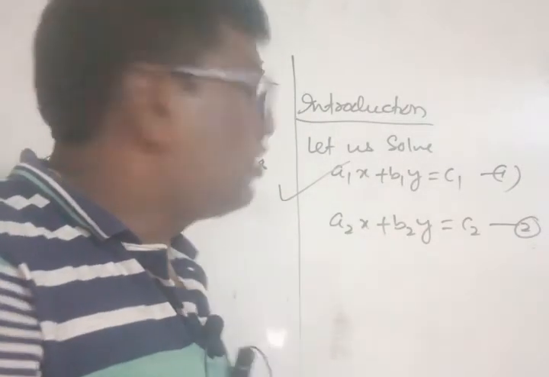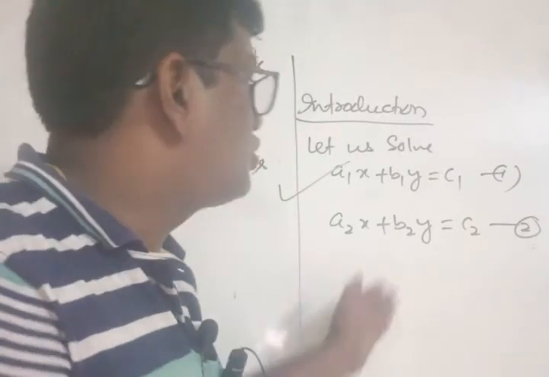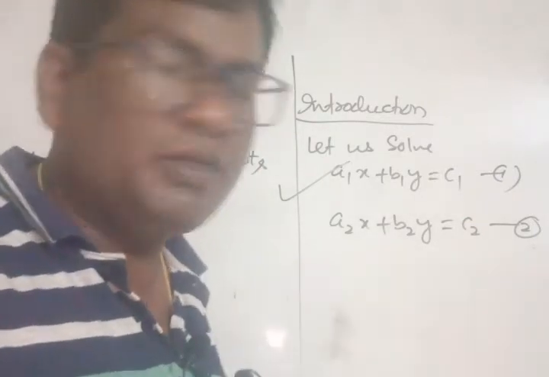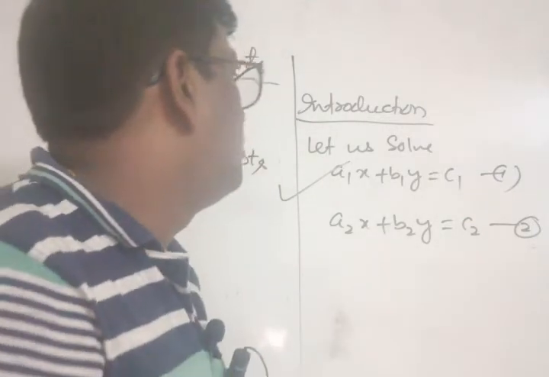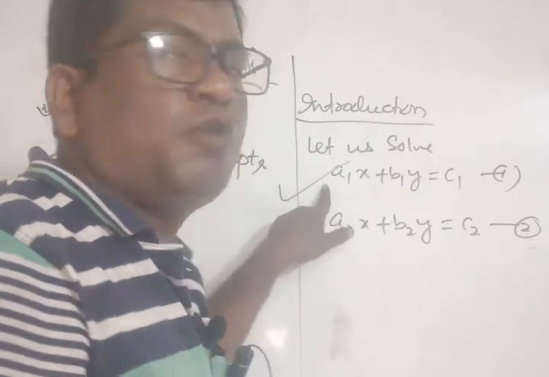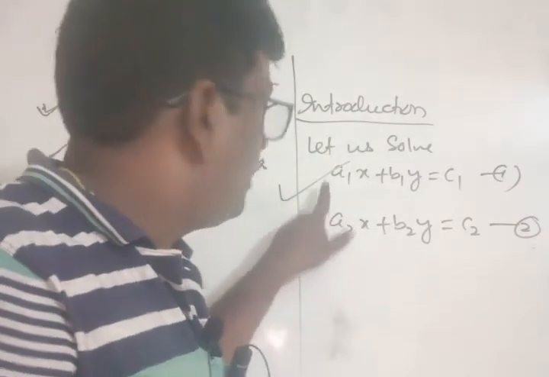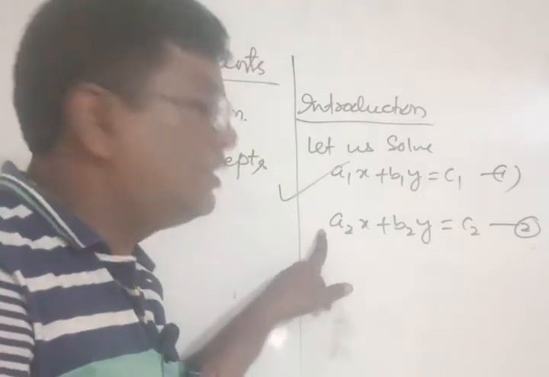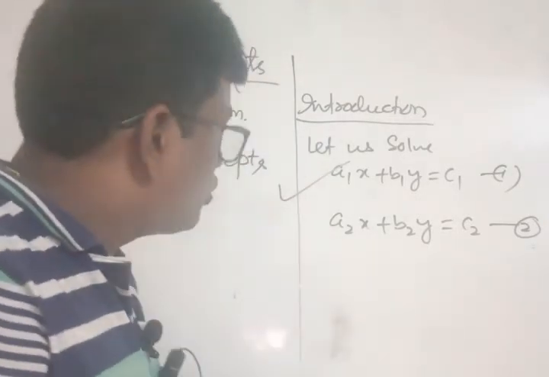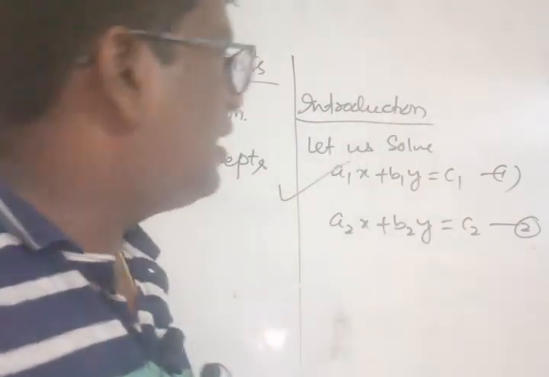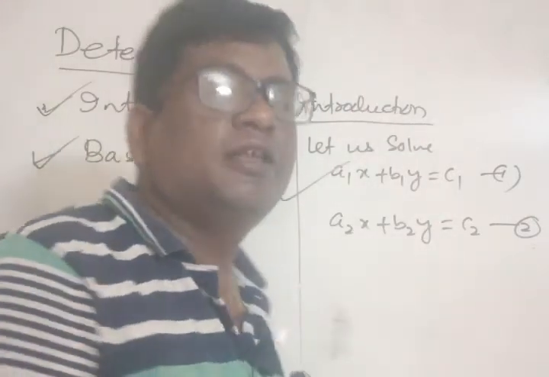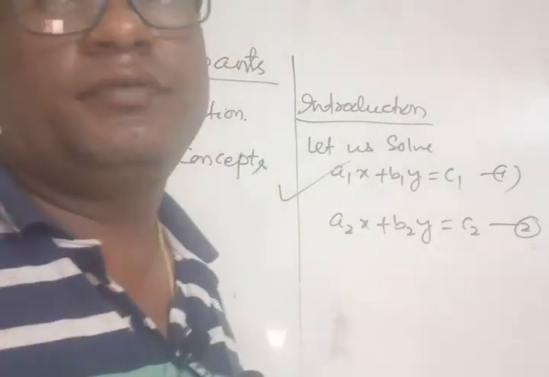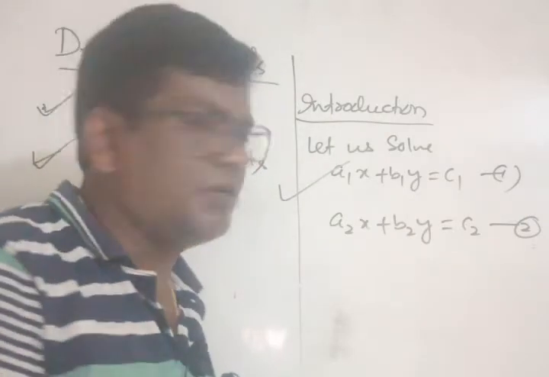Then the y term is cancelled and the value of x is obtained. Similarly, if equation 1 is multiplied by a2 and equation 2 is multiplied by a1, then subtract, then the x terms cancel and we can find the value of y.